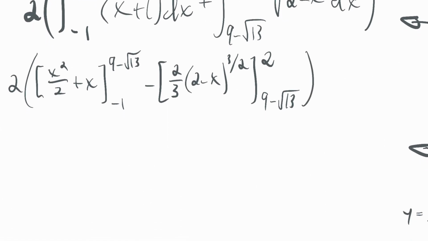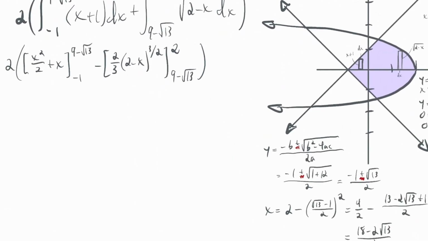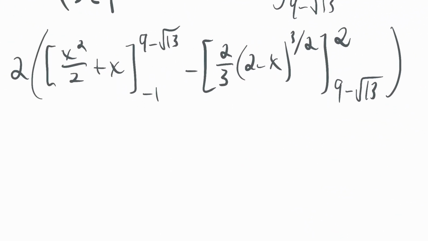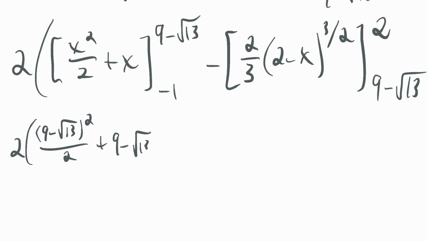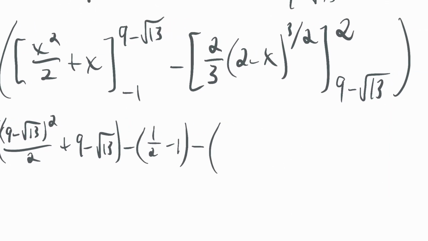So now what I can do is, and I'm probably going to run out of room, we'll make do, it'll be fine. So 2 times 9 minus root 13 squared over 2 plus 9 minus root 13, I need double parentheses, minus 1/2 minus 1 minus 2/3.